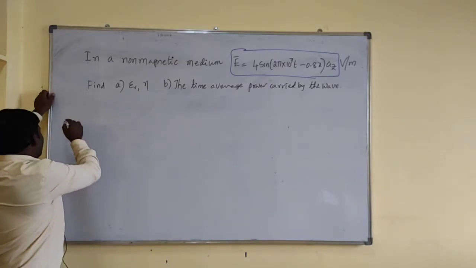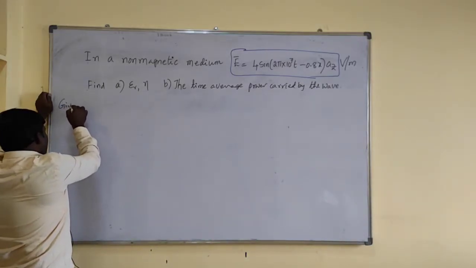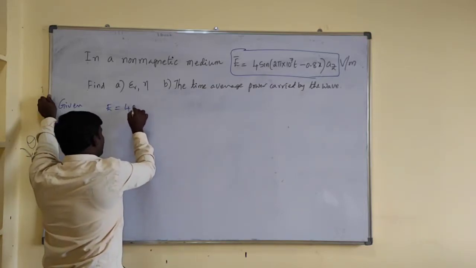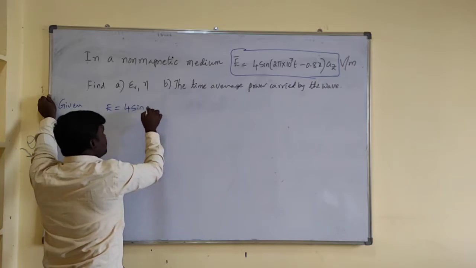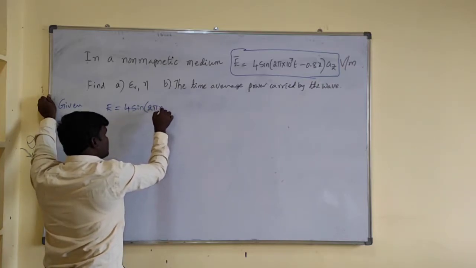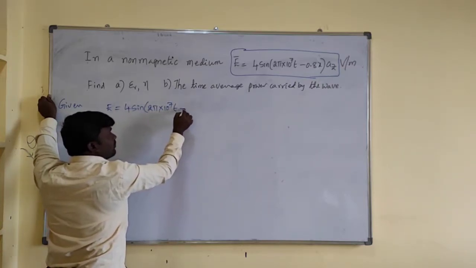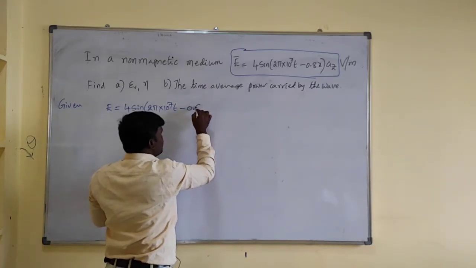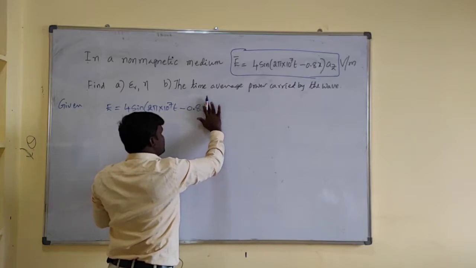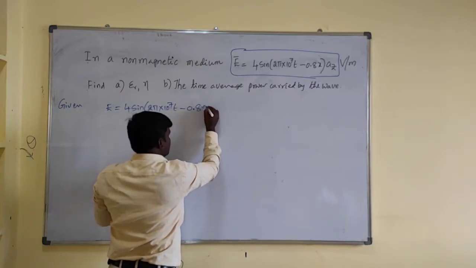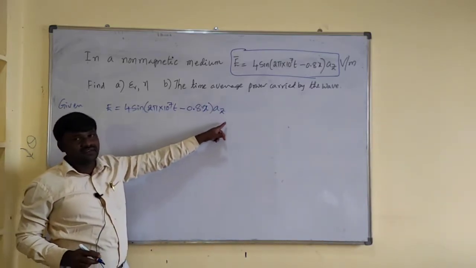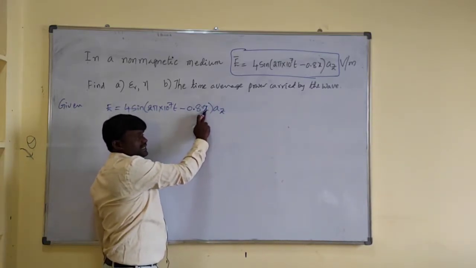Okay, first write the given data. Given E equal to 4 sine(2 pi into 10 to the power 7 t minus 0.8 x) Az. It means E is along the z direction, but the wave is traveling along the positive x direction.